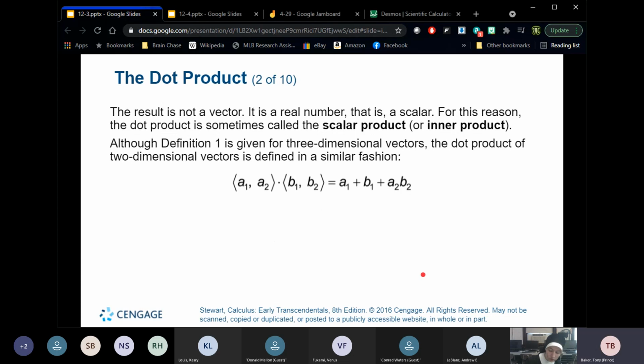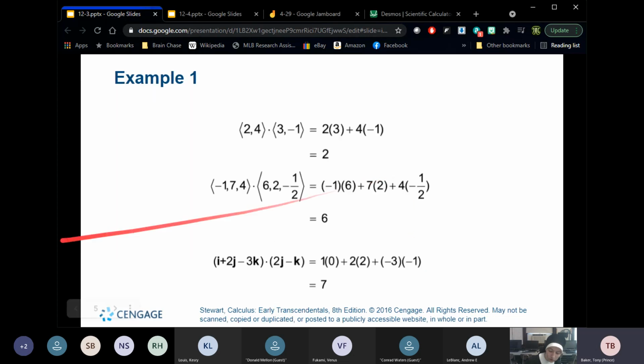All right, let's look at some examples of a dot product. We've got 2, 4 as my first vector, and 3, -1, and we're doing the dot product of those. So we do 2 times 3 plus 4 times -1, and we get 2 as the answer.